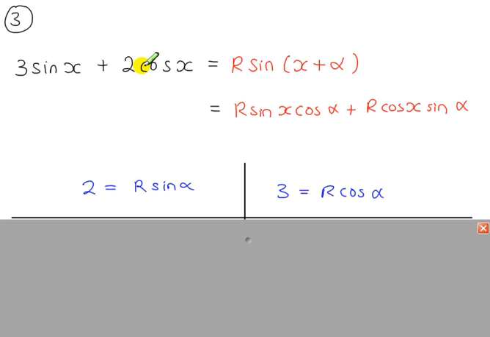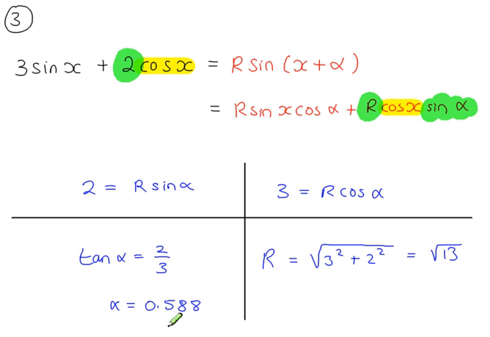We have a cos term here and here. So we can say 2 is equal to r sine alpha. Sine over cos is tan. So tan alpha is 2/3. So we're working out alpha here by doing inverse tan 2/3 on the calculator in radians mode.